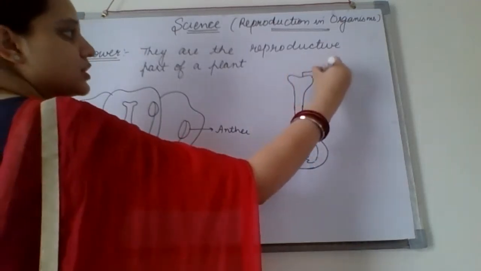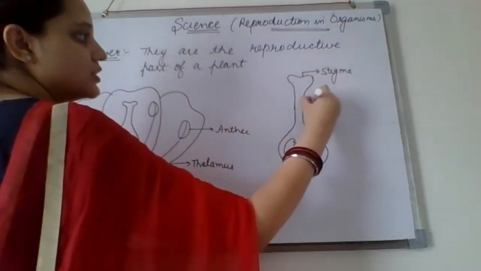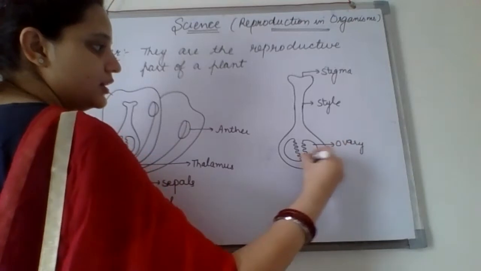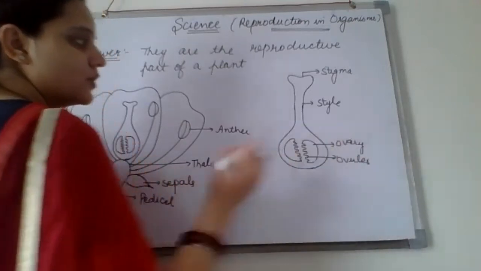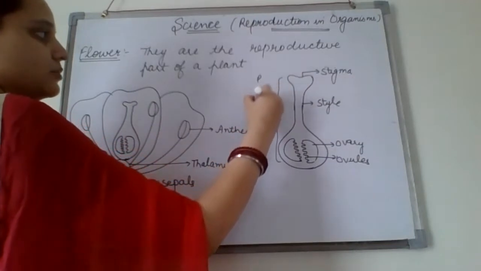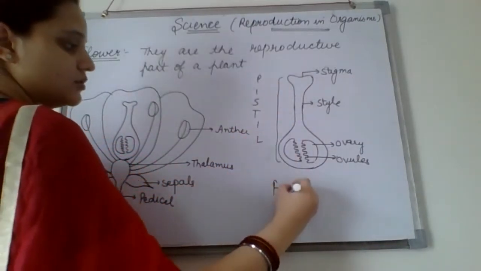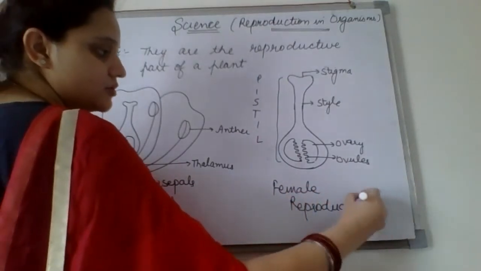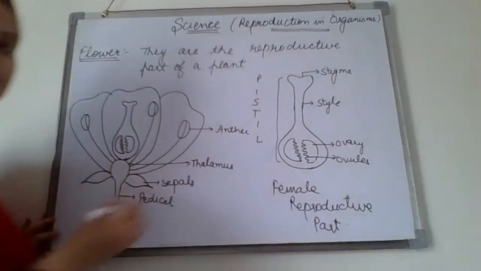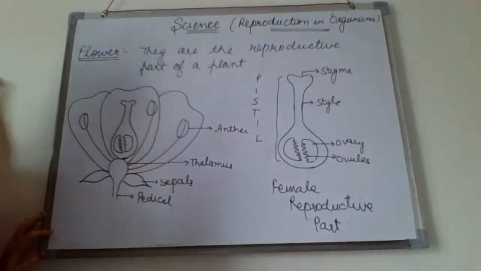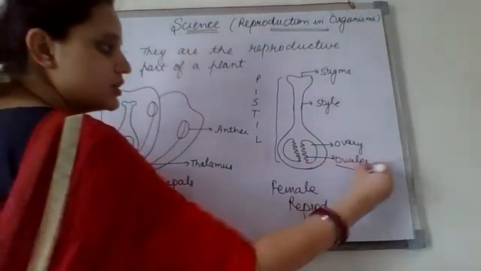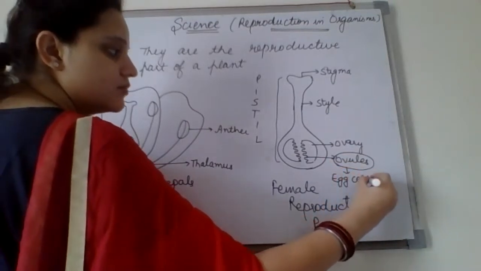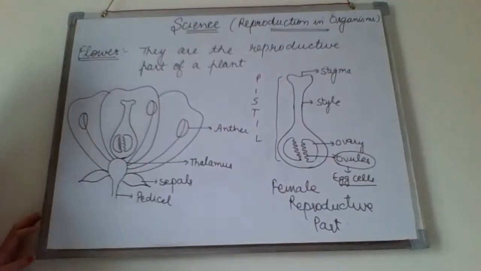Okay, so this is stigma, this is style, ovary, and these are the ovules, right? And this whole is called pistil. So this is the female reproductive part, right? So here the female gametes are present in the ovules. So the ovules contain the egg cells that are basically the female gametes.